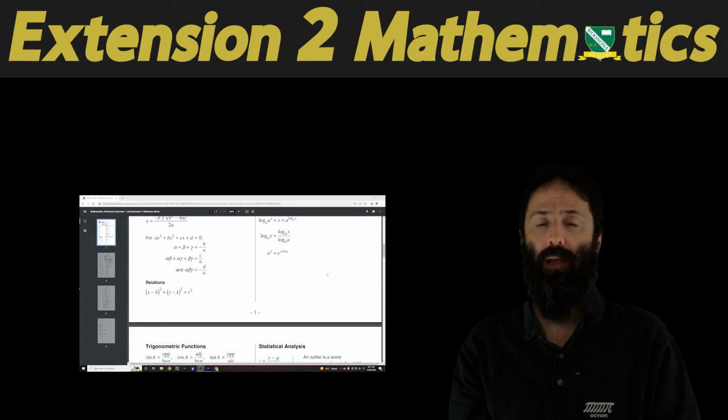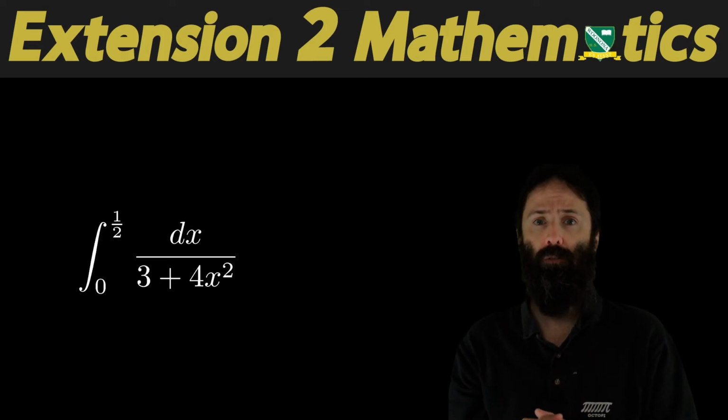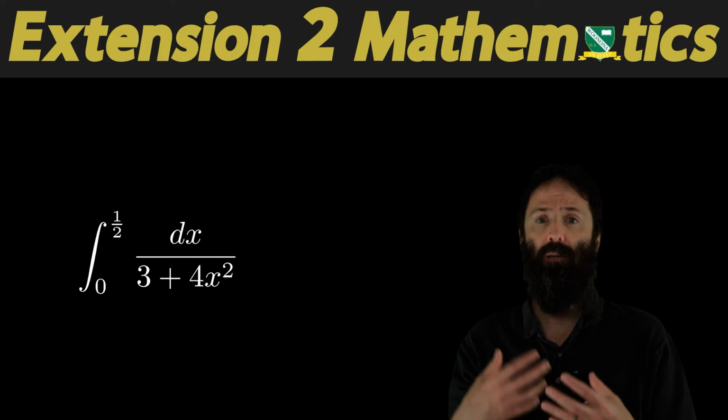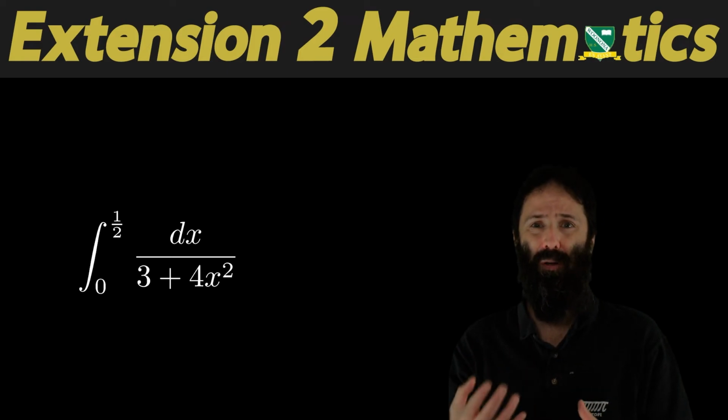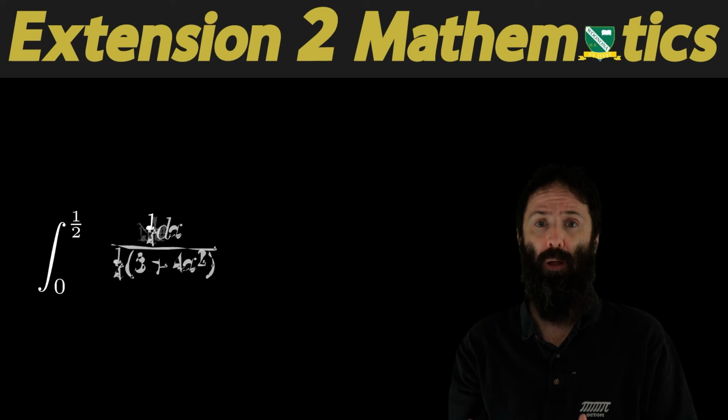So if I jump on now and have a look at my reference sheet, you can see, hopefully, that it looks very close to an inverse tangent. But to have an inverse tangent, on the denominator there, I need a squared plus x squared. And at the moment I've got a 4x squared, so I need to deal with that. Now the easiest thing to do would be to multiply top and bottom by a quarter.